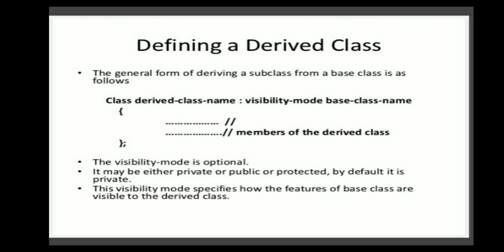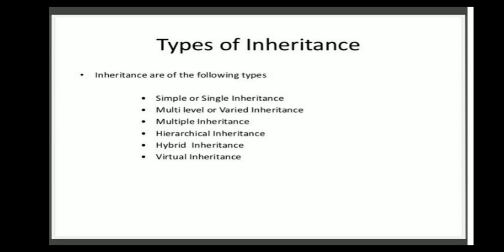Inside this class we can write the data members as well as member functions of the derived class. Here the visibility mode is optional. It may be either private or public or protected. By default it is private. This visibility mode specifies how the features of base class are visible to the derived class.